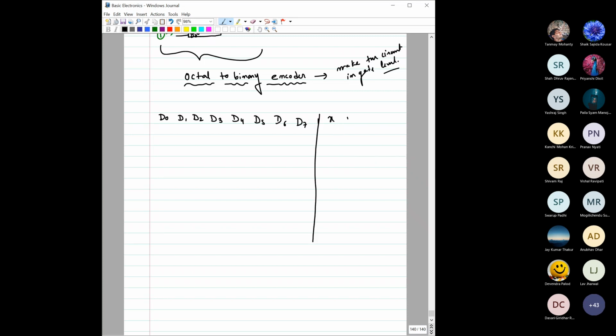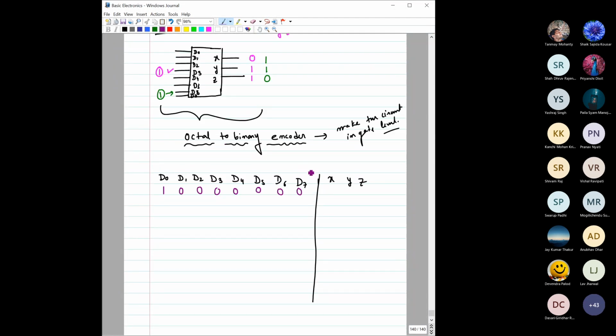And at the output, what we have is X, Y, Z. So when one selection line is 1, as I told you, we have to make sure that the remaining other lines are equal to 0. When this is the case, what is the expected output? Can you tell me? 0, 0, 0. Very good.